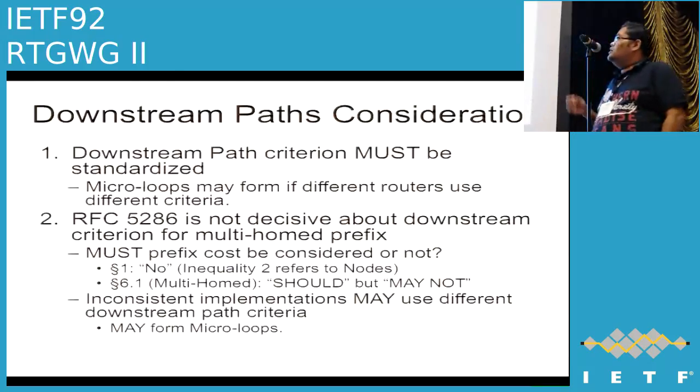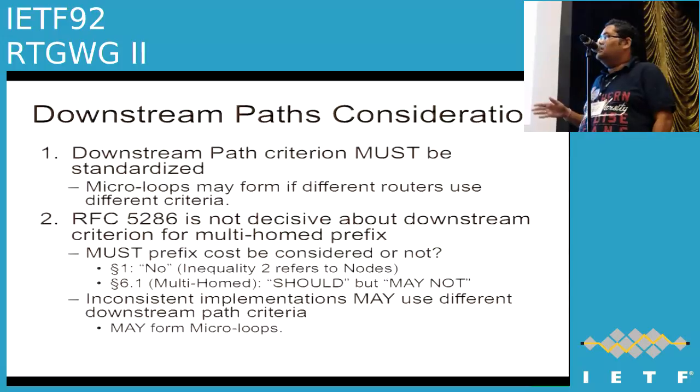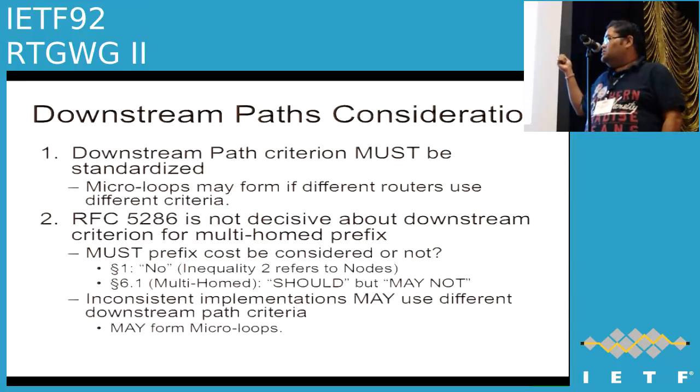Before I proceed to the update, there's a lot of text in this slide, but the gist is for the downstream path case. For the simple prefix, which is not a multi-home prefix, a single-homed prefix, RFC 5286 section 1 says you can have a separate set of inequalities, whereas for multi-home prefixes, section 6.1 says you should do a downstream path check, but you may not.